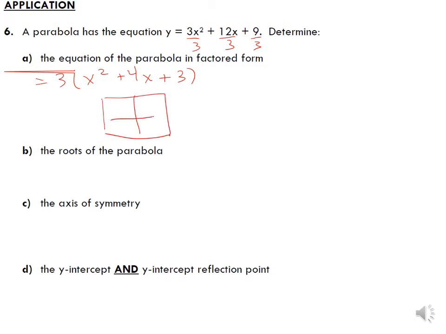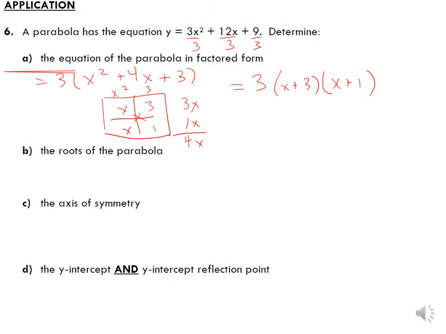Or the quick way, if you're good at doing it quick in your head: x squared, 3, 4x. What multiplies to x squared? X and x. This one's pretty easy. What multiplies to 3? There are only 2 numbers, 3 and 1. 3x and 1x. 3 plus 1 is 4. We're good. So this final factored form is 3, your diagonals, x plus 3 and x plus 1.